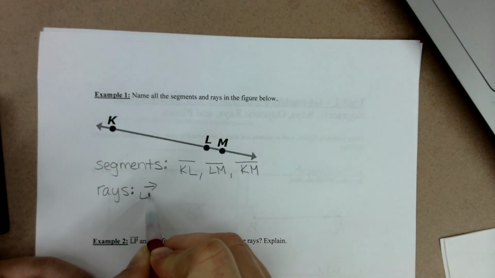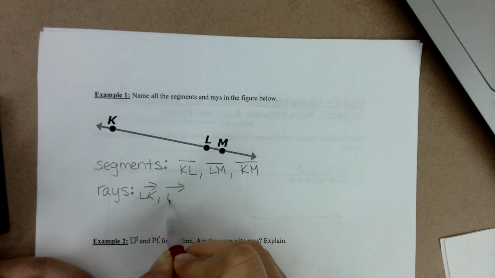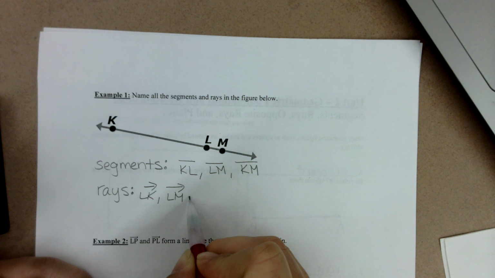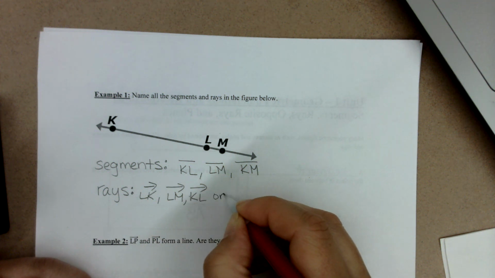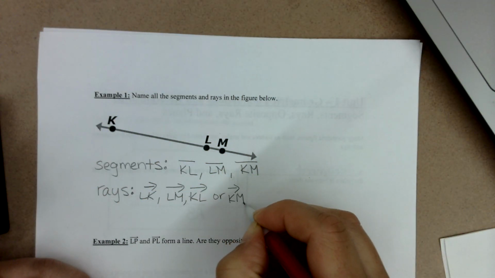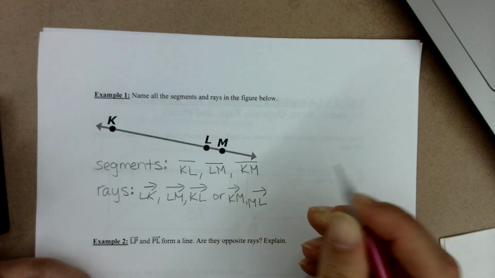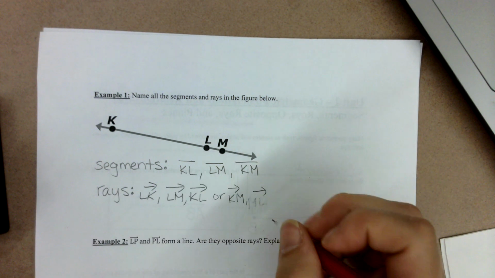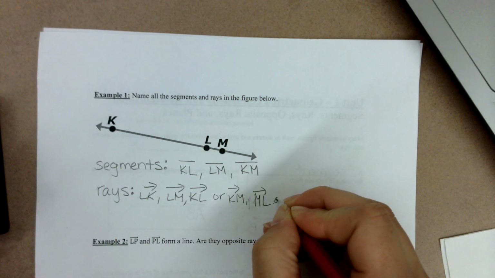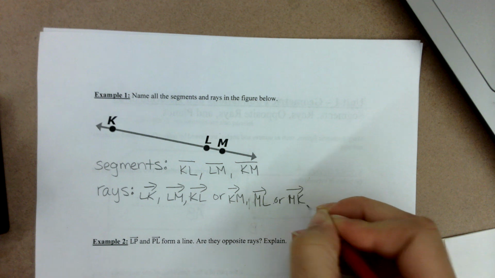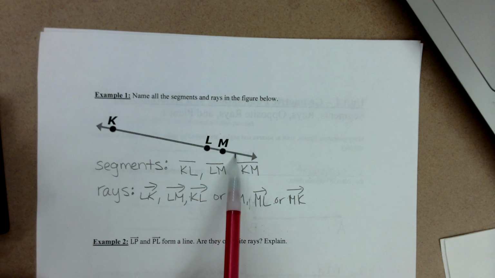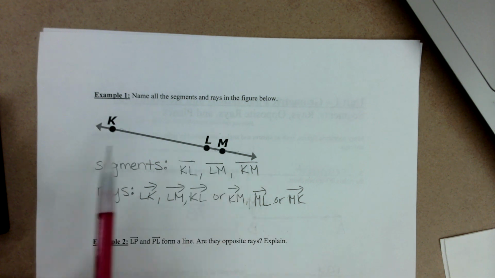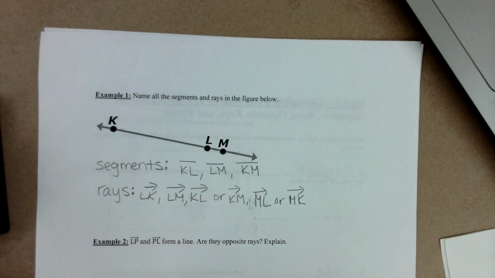Ray LK, ray LM, ray KL, or ray KM, ray ML or ray MK. So again, that's LK or LM, and then KL or KM, and then ML or MK.